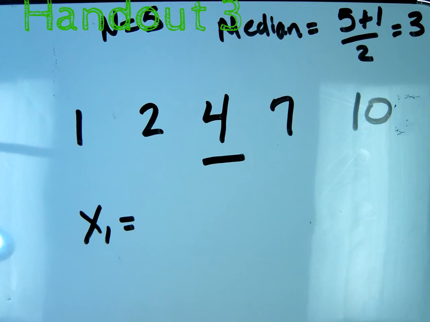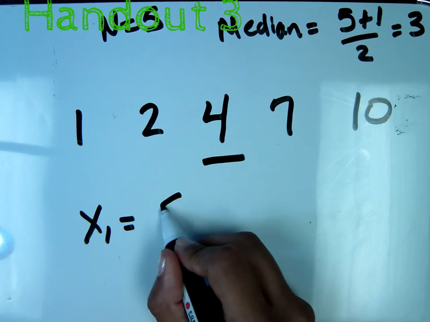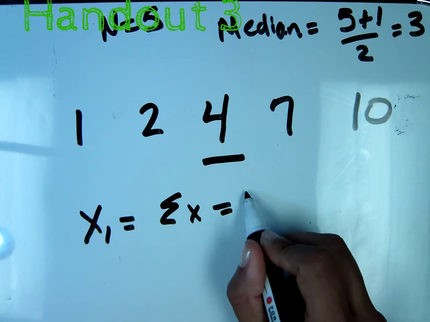If I use a 10 there, the sum of my x's is going to be equal to 10 plus 7 plus 4 plus 2 plus 1, 24. My sum of x is going to be equal to 24.